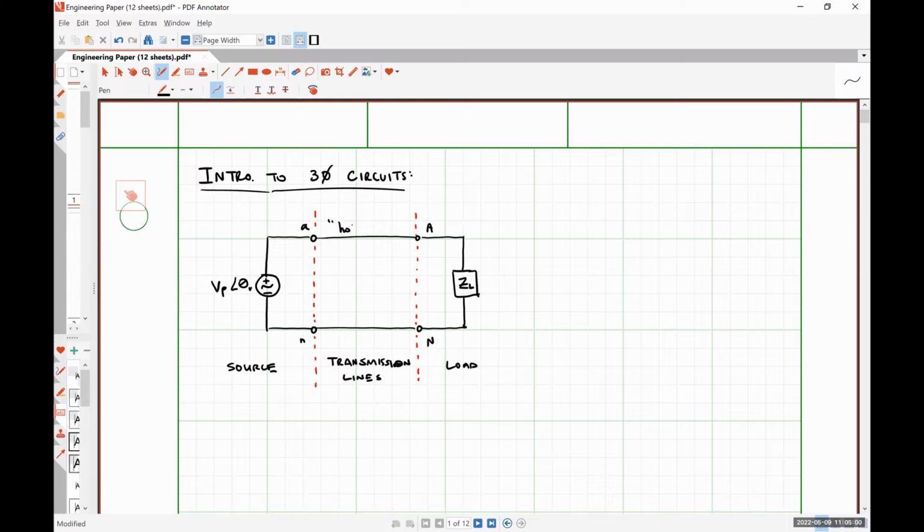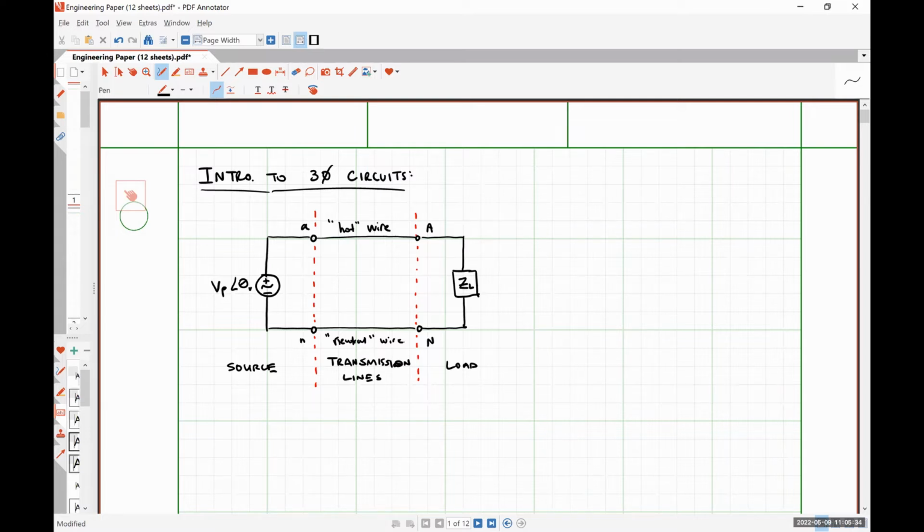I'm going to call this wire up at the top the hot wire, which is effectively how we send power from the source to the load. And then the return path here, if I could spell correctly, I'm going to call the neutral wire. Okay.